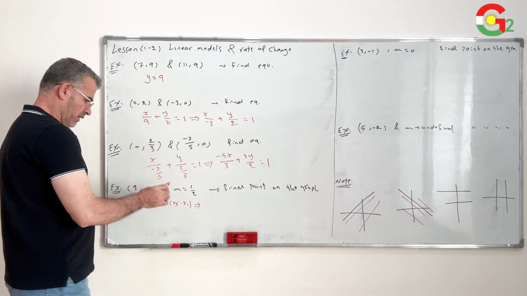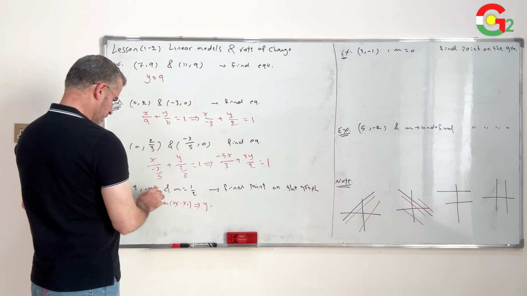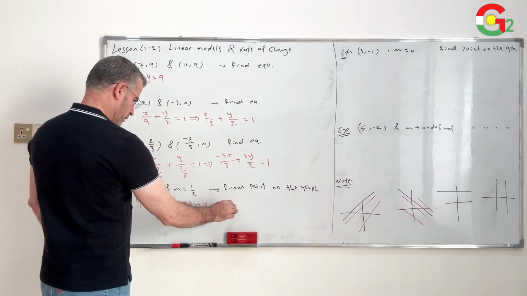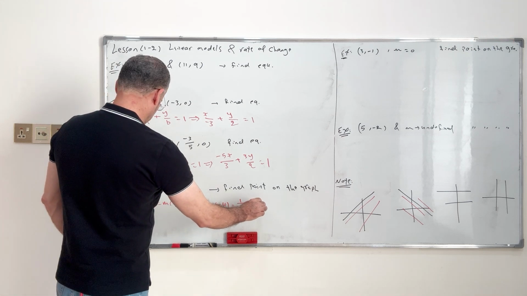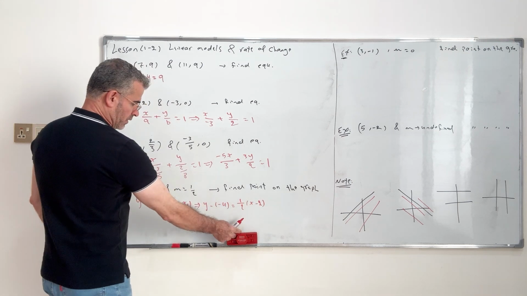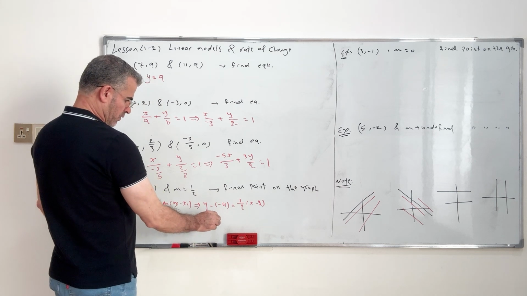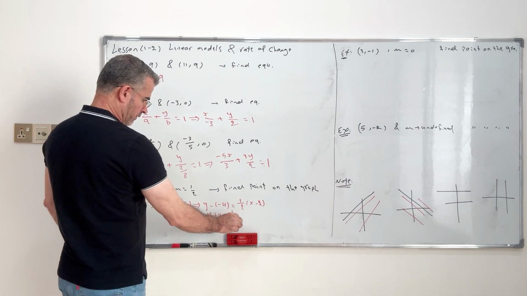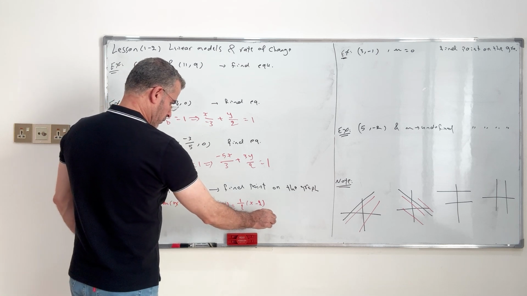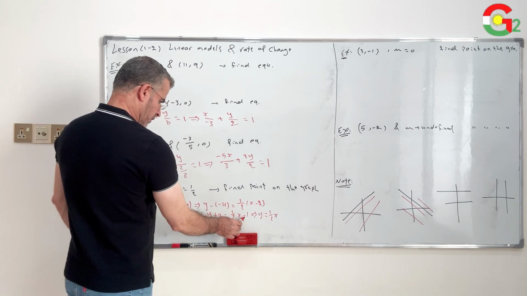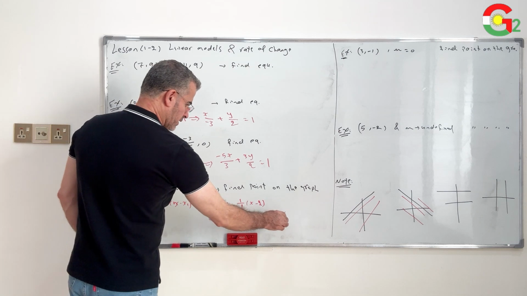I have the slope and I have the point. y minus (-4) equals the slope, x minus 2. Simplify: y plus 4 equals 1/2 x minus 1. Then y equals 1/2 x minus 1 minus 4, minus 5.